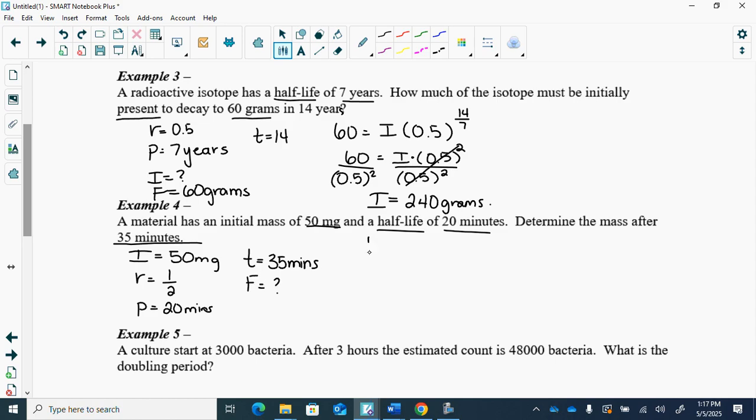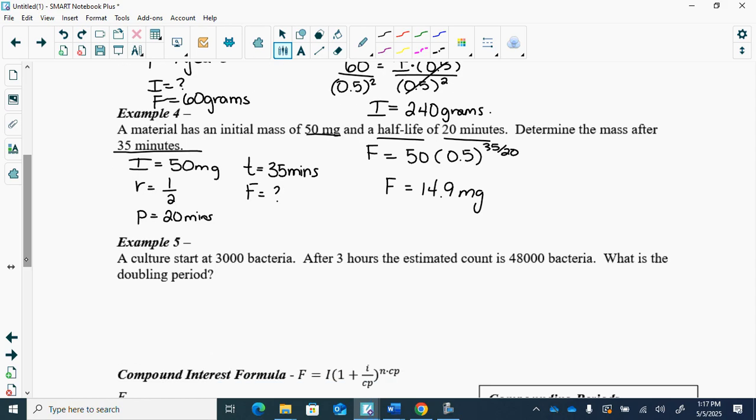So we get F equals 50 bracket 0.5, or the half, to the T over P, 35 over 20. And then we just type it in, and you get 14.9 milligrams. Okay, and then you say the mass after 35 minutes was 14.9 milligrams.